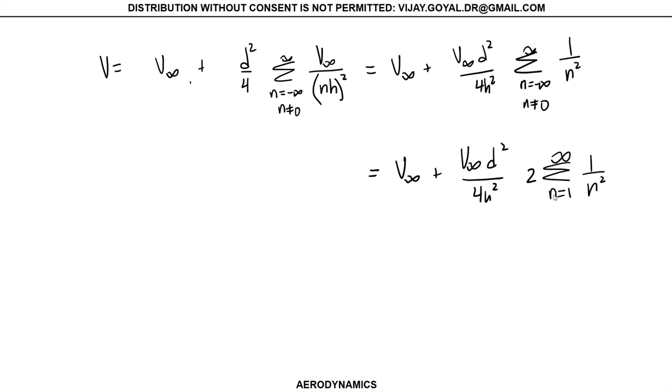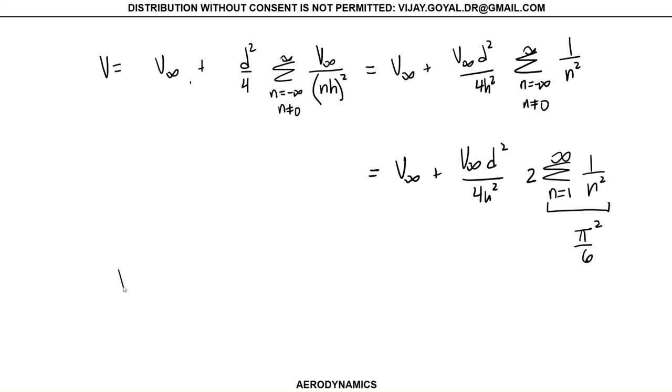N has to be an integer. This expression, we know for a fact, is equal to pi squared over 6. This is a nice, neat mathematical closed form solution for this infinite series.